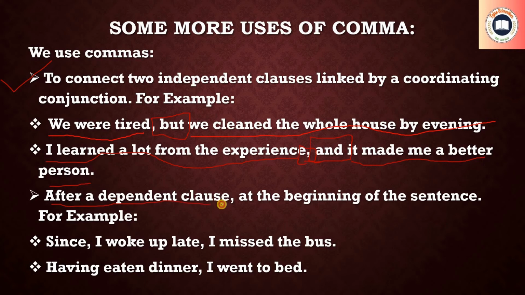So what is the rule? After a dependent clause at the beginning of the sentence we use a comma. For example, "Since I woke up late, I missed the bus." Here "since I woke up late" is the dependent clause at the beginning of the sentence, so I place a comma after the dependent clause.